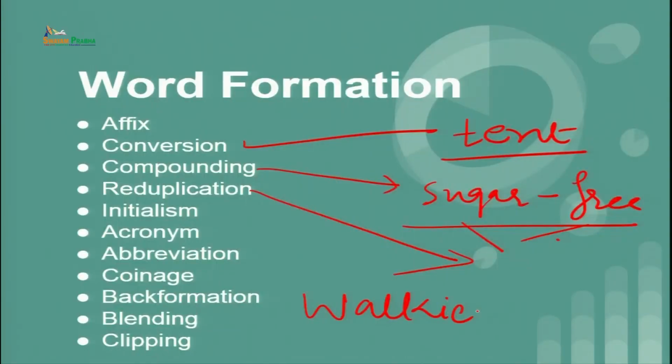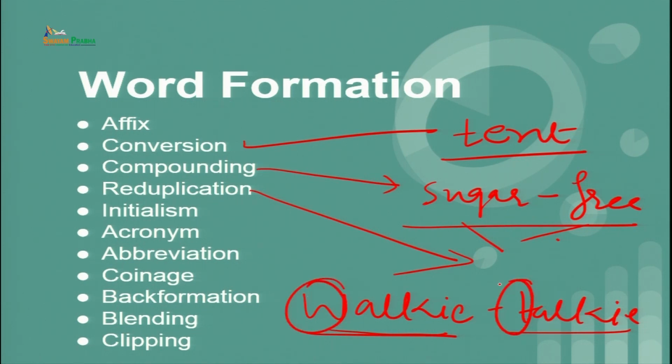If you say walkie talkie, I am writing on board walkie talkie. The articulation of both the words is the same, both the morphemes are the same, but here the difference is of the first consonant. In the latter you see that t is used instead of w, and therefore it is an example of reduplication.